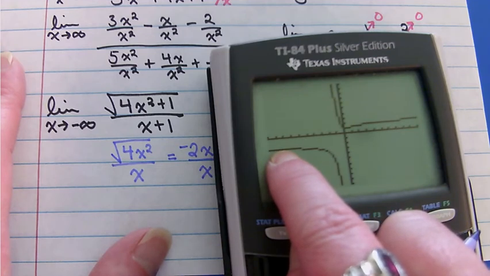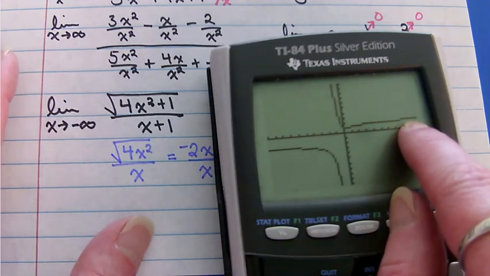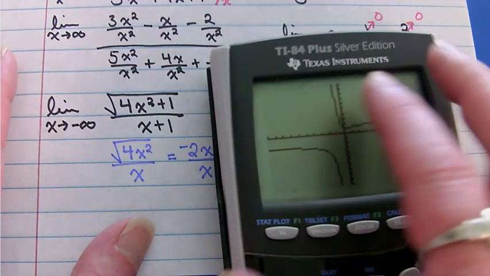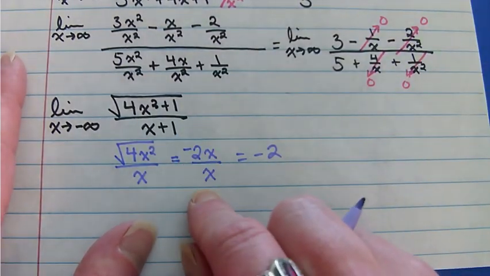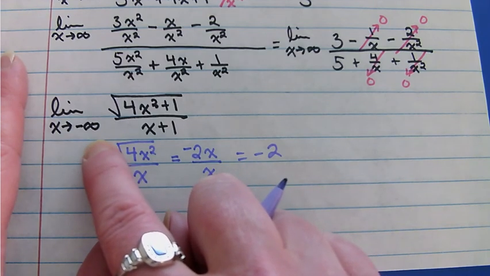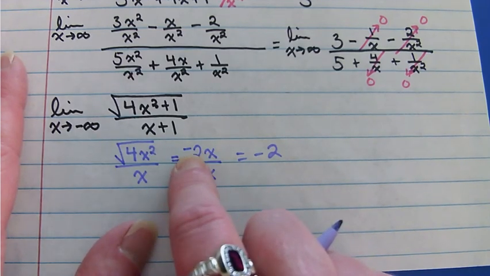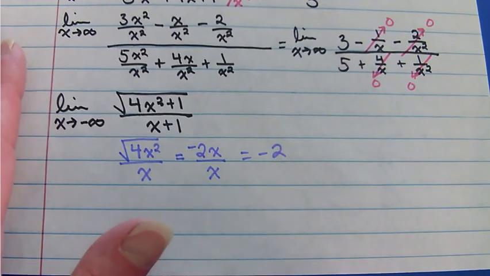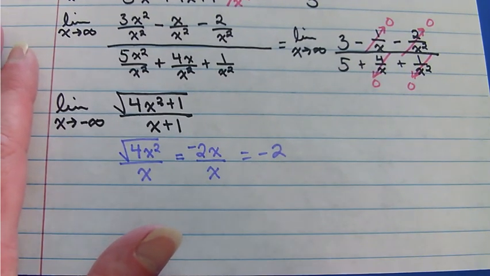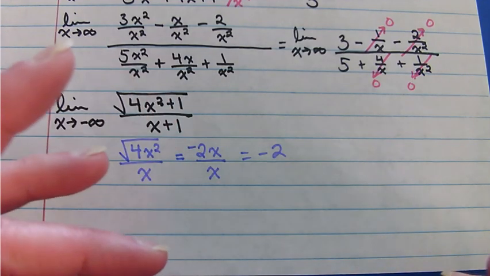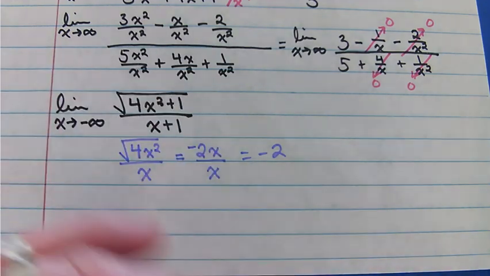But if I were approaching positive infinity, it approaches positive 2, because we still have this 2x over x, but when we're looking at negative infinity, the square root of x squared is going to be negative. Remember, with all of these, you can double check with your calculator or by plugging in points.